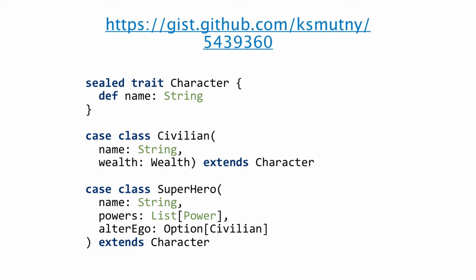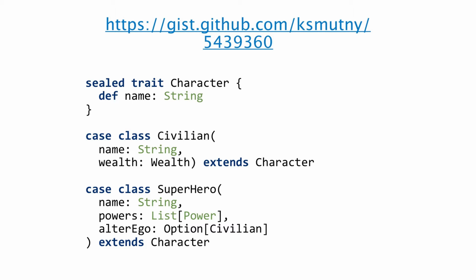So I will show you a more complicated example. Here is a model. So if you got interested by the topic of superheroes, there's a last opportunity to download the gist. Beside it, we have a trait named Character, which has a name of type String.